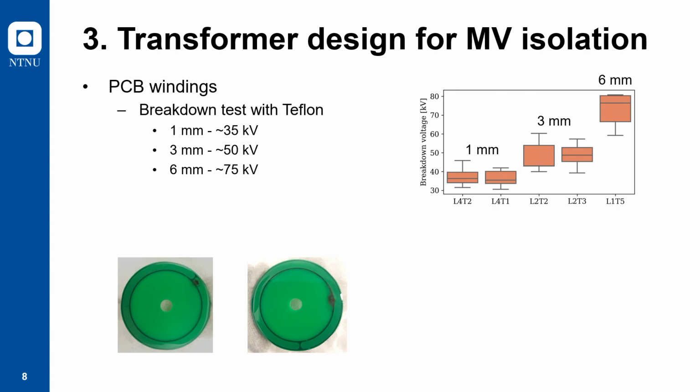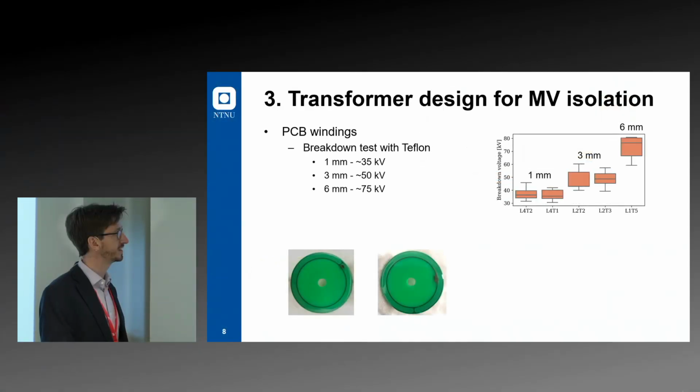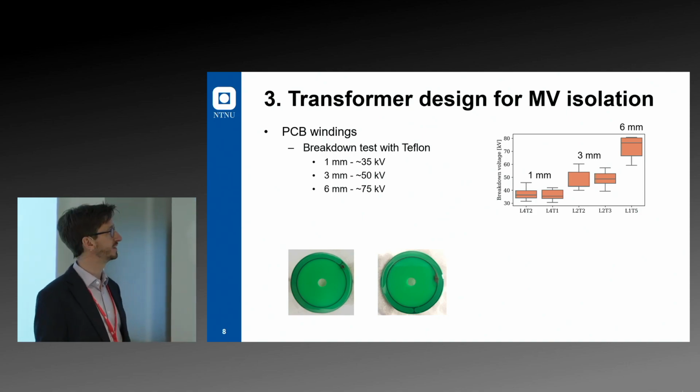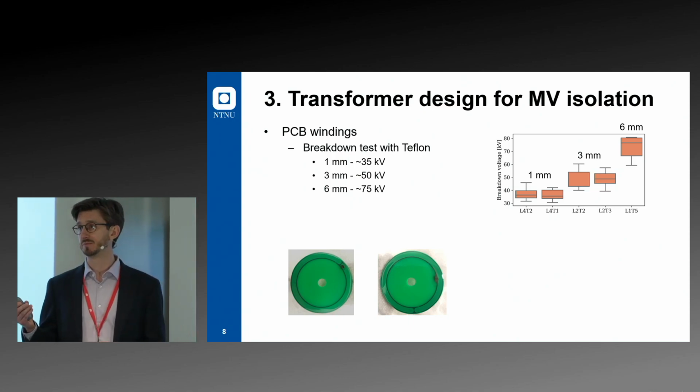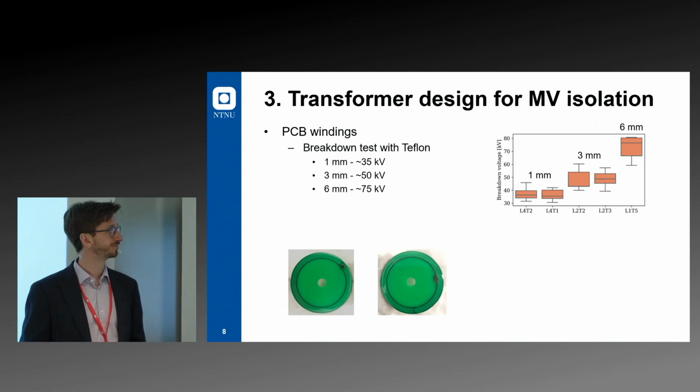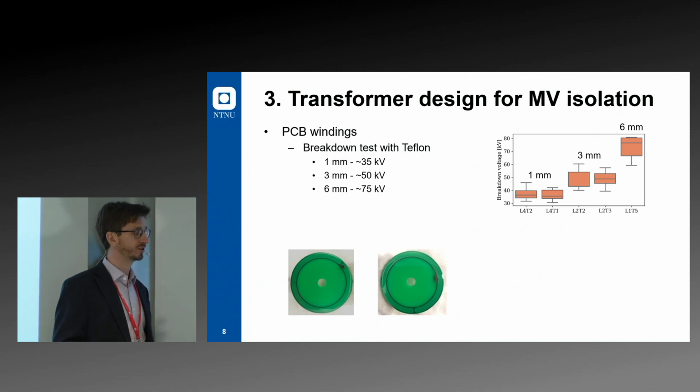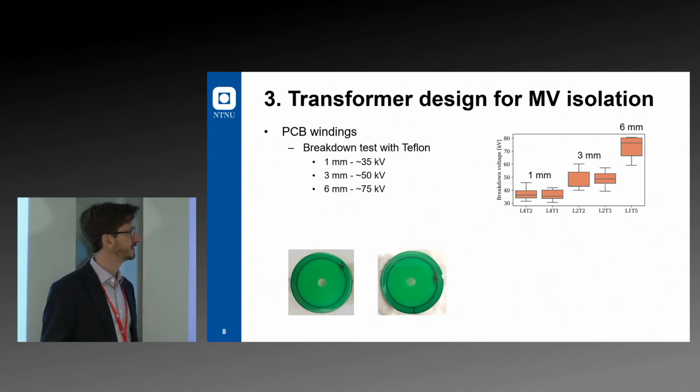We can see that as we go to higher thicknesses with different winding structures that are optimized for efficiency, we can increase the breakdown voltage, and these breakdown values by the standards allow it to operate well into the medium voltage range. So we can choose the thickness depending on the criteria.